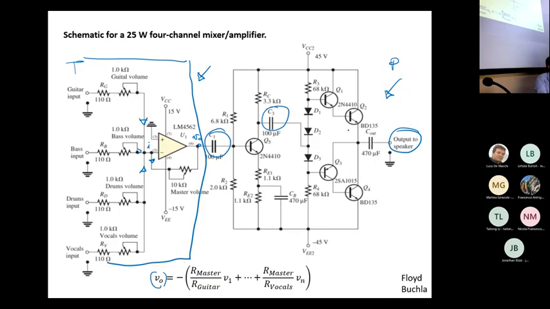This device is just meant to have a unitary voltage gain, but with a very low output resistance and with the capability to drive very large currents to the output. So this is an example of a mixer and amplifier circuit which can be applied for audio applications.